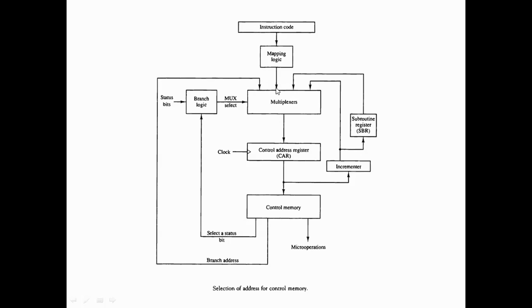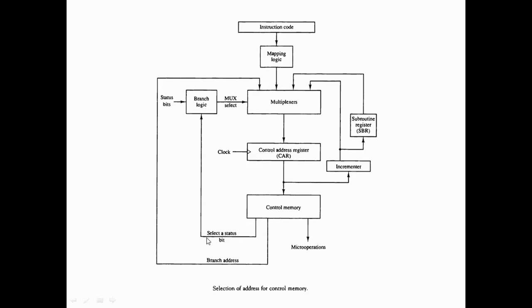But which of these four is to be selected depends on the status bits of a control word. So a control word will be here. In the control word, there will be micro operations, there may be an address, and there will be certain status bits. Those status bits will tell the multiplexer which of the four it has to pass on. Right?